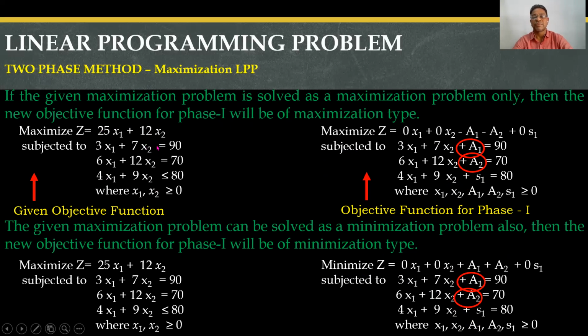In case of the big M method, this will be minus MA1, this will be minus MA2. Here it will be plus MA1 plus MA2. And in the two-phase method, there will not be any M, but this objective function will become 0 except the artificial variables.